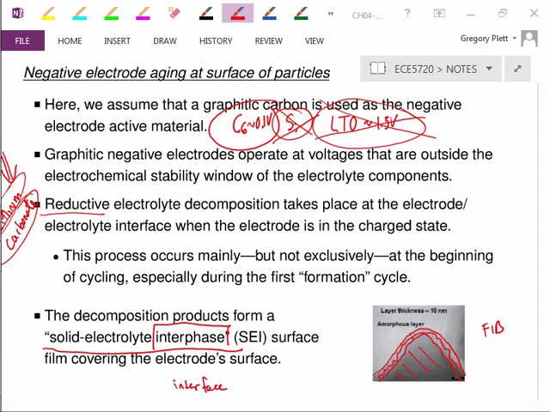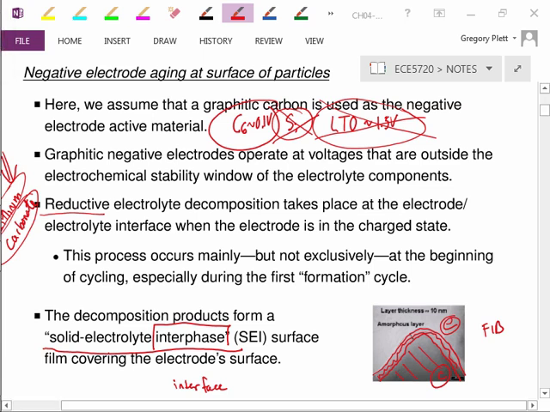Now, the layer that's formed has the property that it greatly inhibits the ability for more SEI to form. If that layer was not there, the electrolyte out here, the solvent in the electrolyte would want to react with the carbon, and it does so very quickly, very violently.